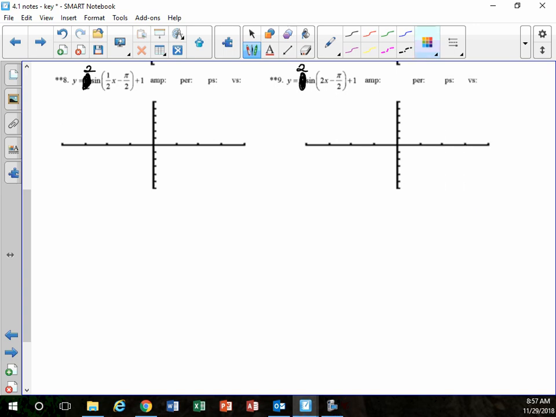Okay, what we need to do is write this in factored form. So I'm going to have y equals 2 sine. What do you think I want to factor out of that parenthesis? Not 2. 1/2. You look at x, and what is the coefficient on x? All right, we're going to factor out 1/2.